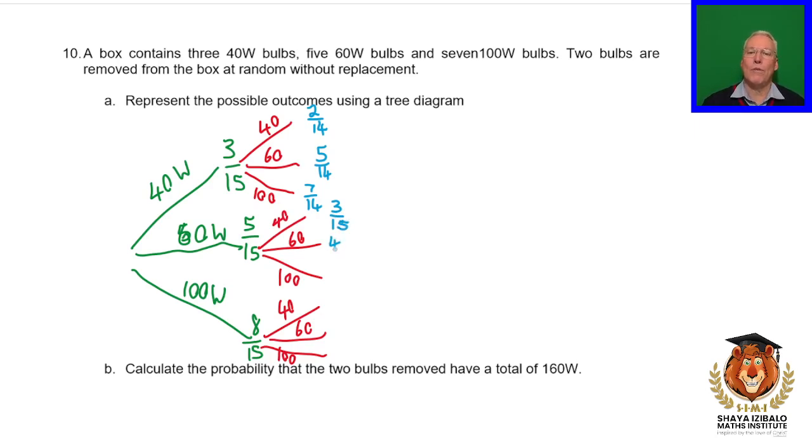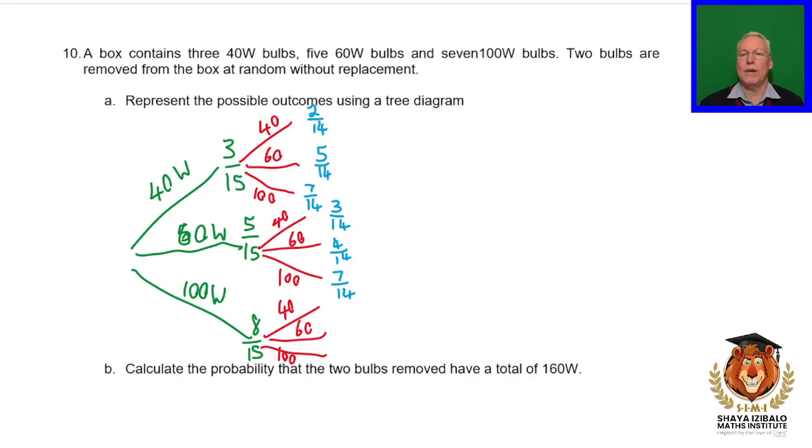This one will drop to 4 14ths, and this one will still be 7 14ths. Notice those add up to 1.